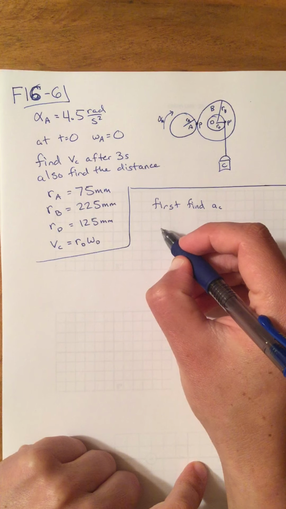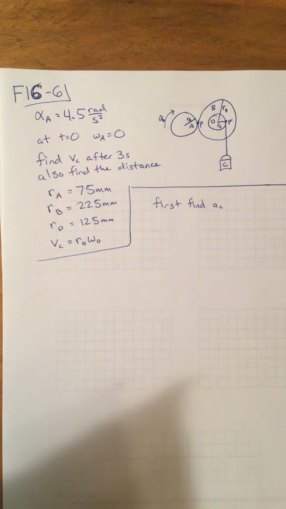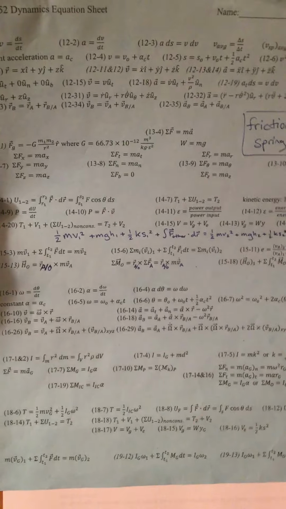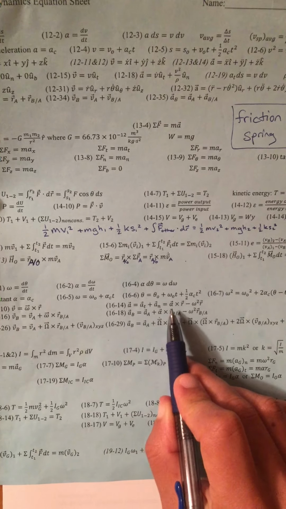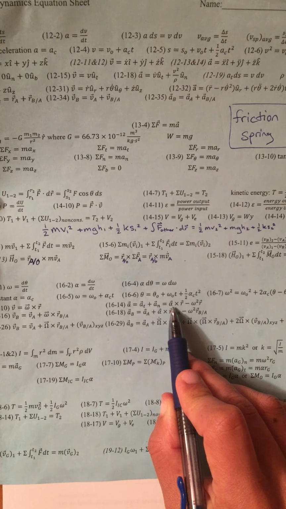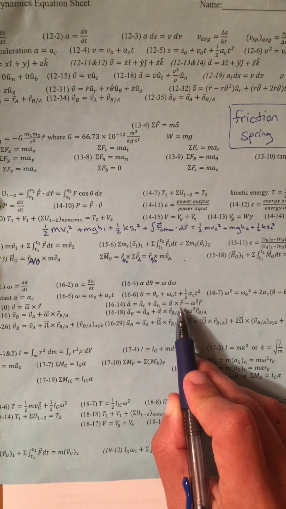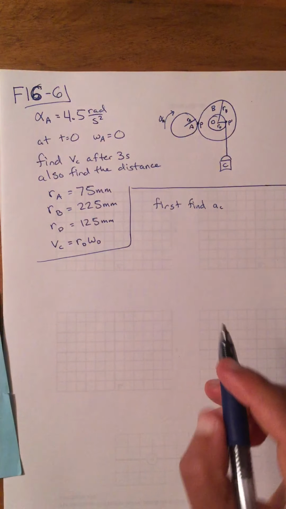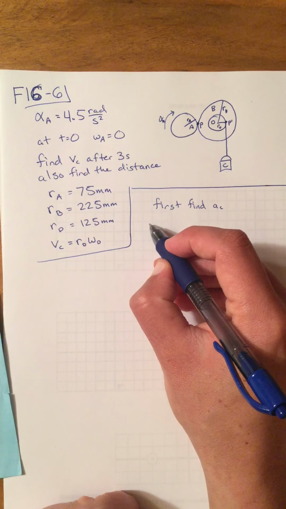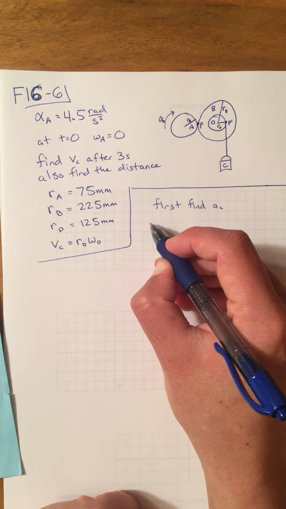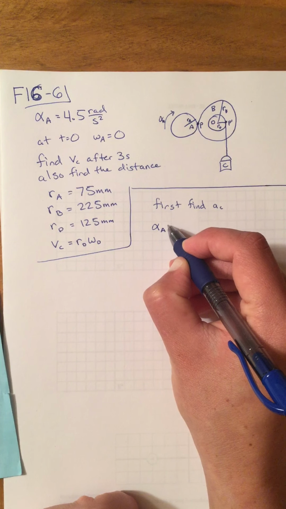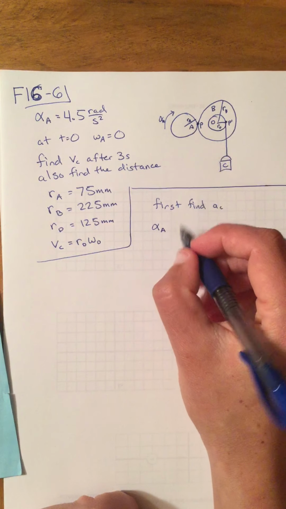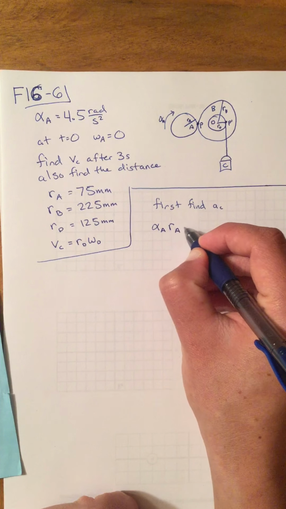I'm going to start off with the equation that we just saw, for the tangential component of the acceleration. That tangential component of the acceleration is angular acceleration crossed with r. Those vectors are perpendicular to each other. So I have the tangential component of the acceleration at point P is equal to the angular acceleration of A times the vector r that would have a magnitude of RA.